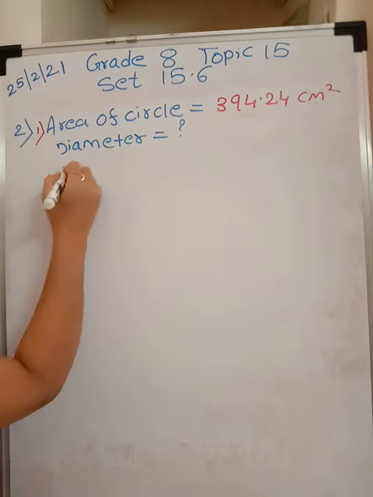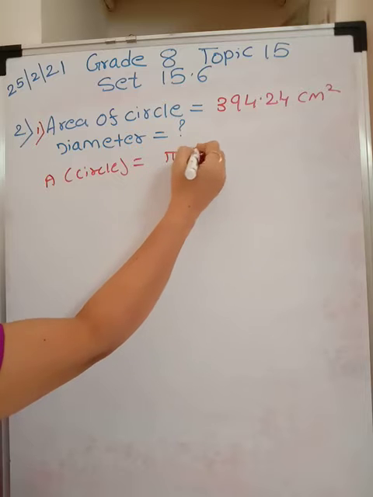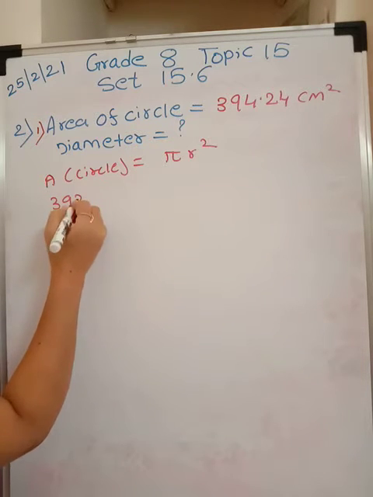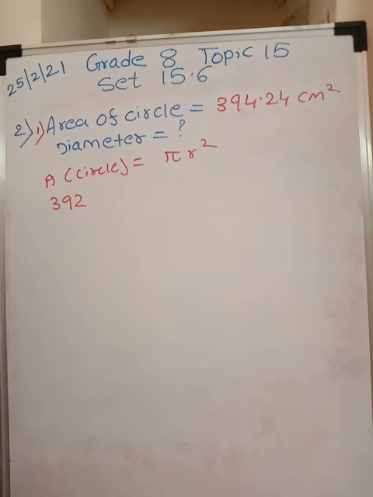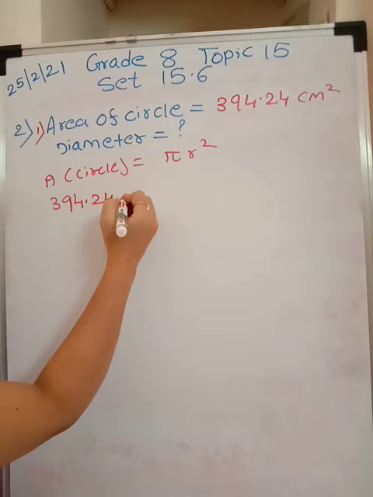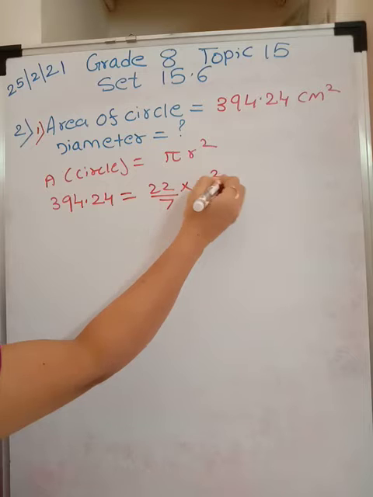So area of circle again is equal to pi r square. So 394.24 is equal to 22 upon 7 into r square.